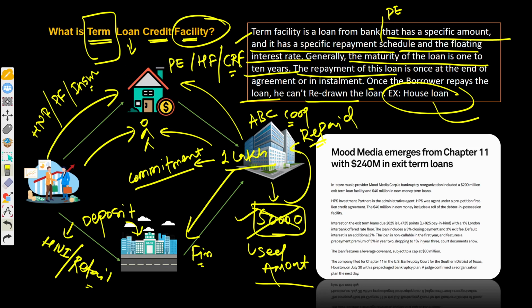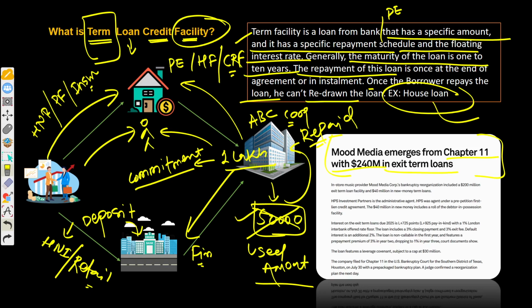All right. Another thing: if you want to understand the different loans and how they work, why don't you visit S&P Global sites or Bloomberg to understand the different loans and facilities and read about them. I have taken one example here so that you can see: Mood Media emerges from Chapter 11 with $240 million in exit term loan.